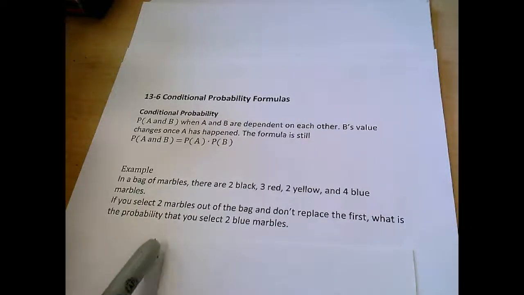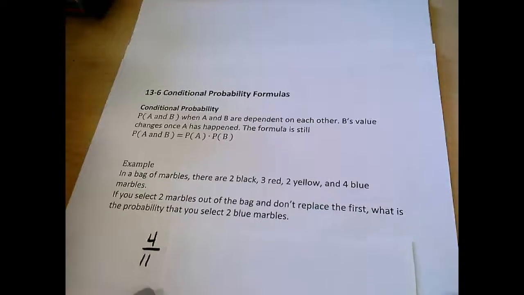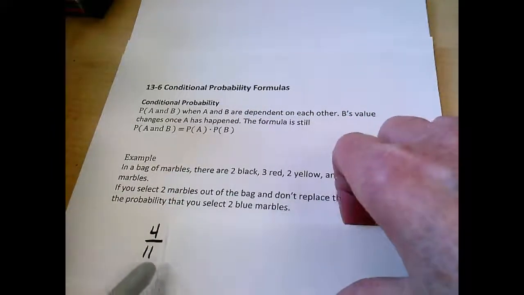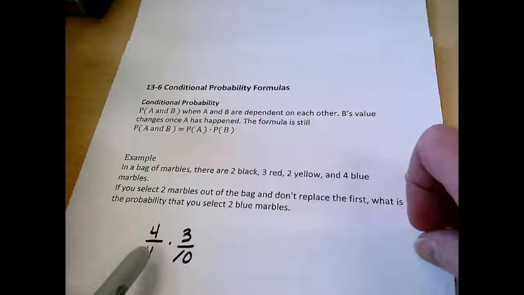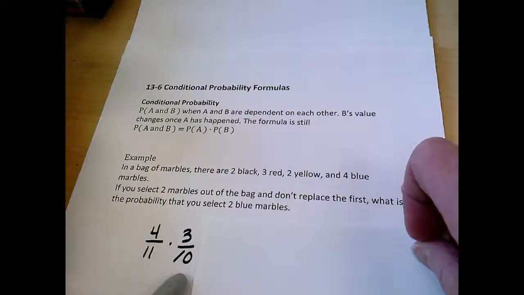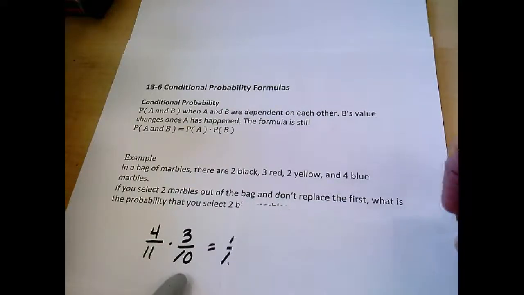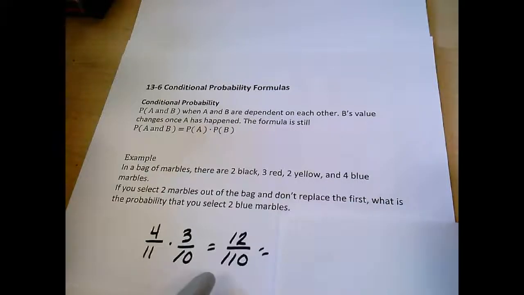But now we've taken 1 out of there. So that leaves us with 10 marbles in the bag, and we took out a blue, so there's only 3 out of the 10 left. We multiply that together, and we get 12 out of 110.